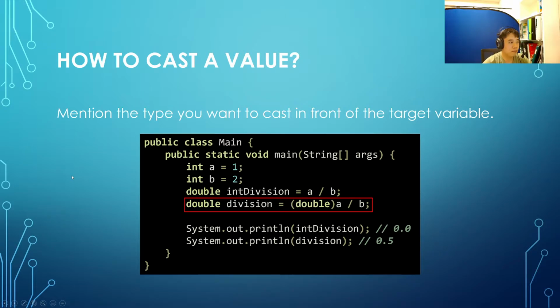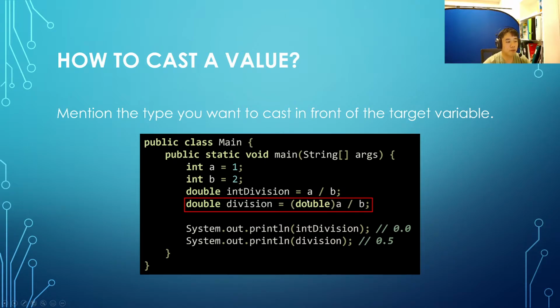So here's how you cast the value. Just like in C, you put the desired new type of your cast in front of your target variable. You can see in the red box the division, which is the proper way of doing division of 1 divided by 2.